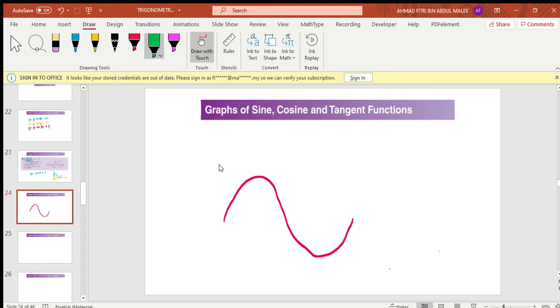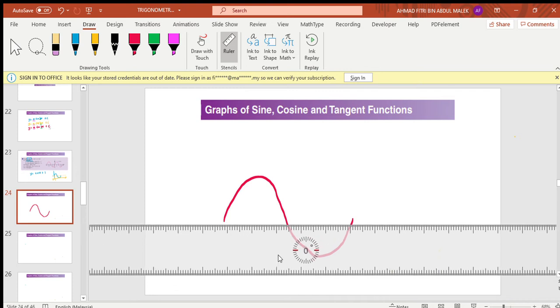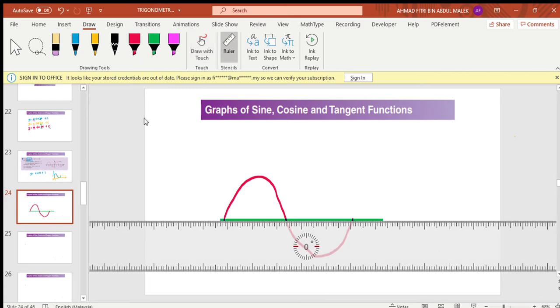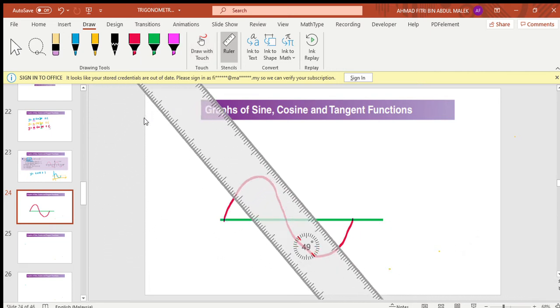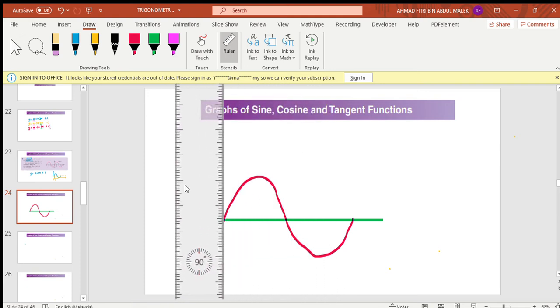Then I will use the ruler to draw the axis.